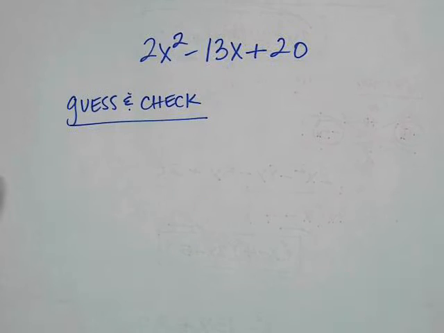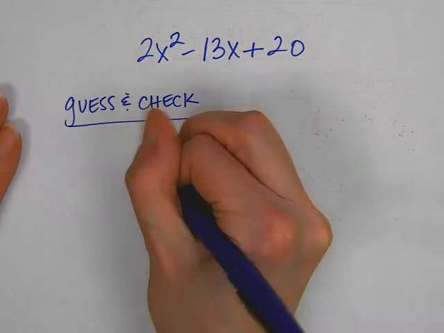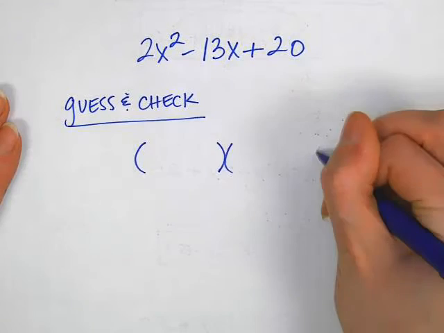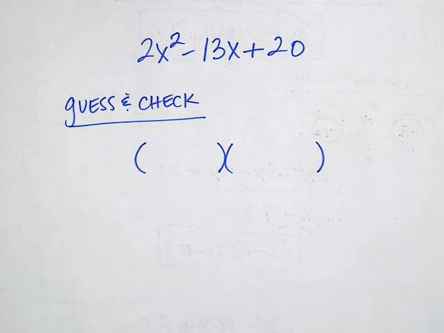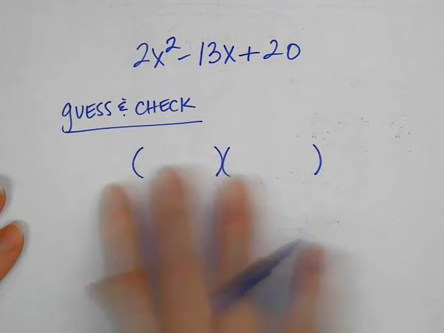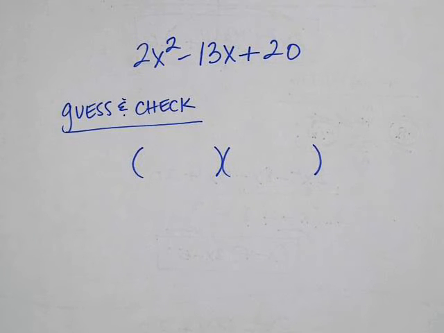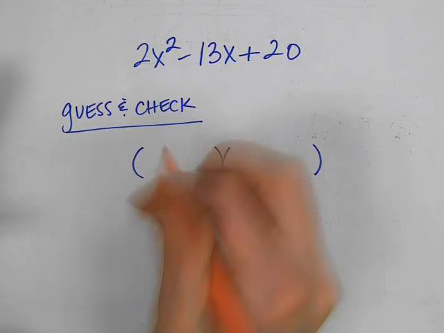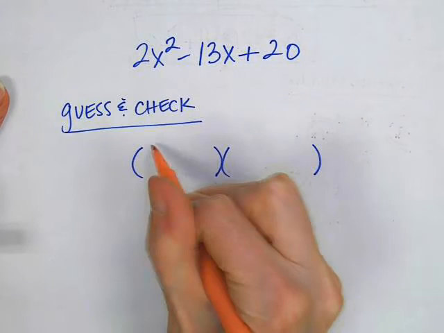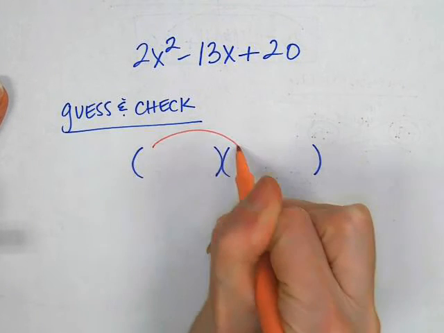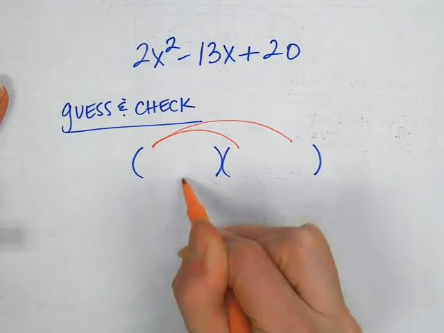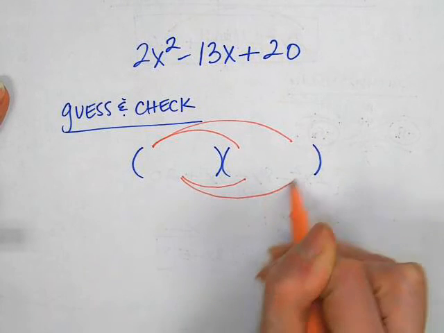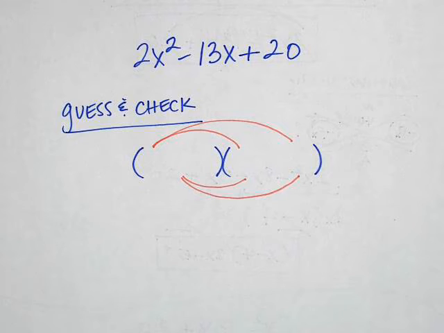This is when you don't do any background work, you jump straight to the answer, and you just play around until you make it work. This is for those people that didn't like the box and liked the double distribute method.